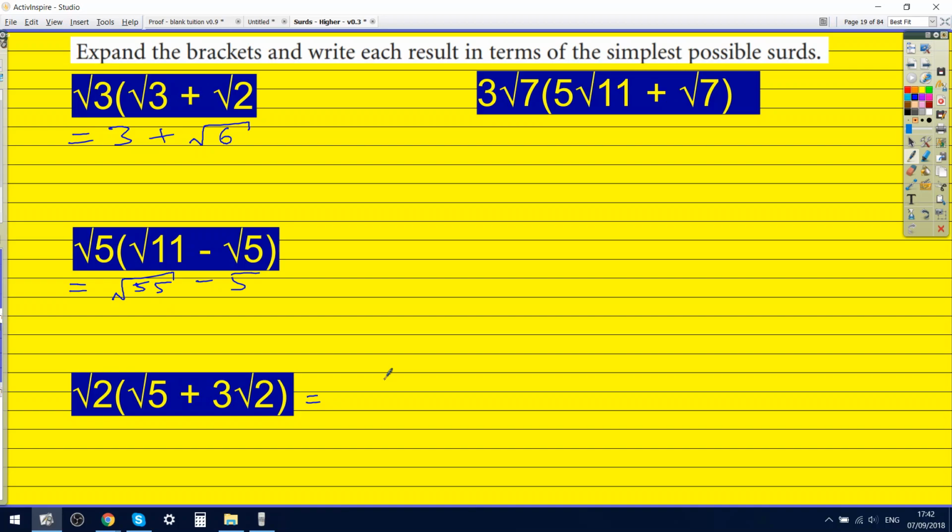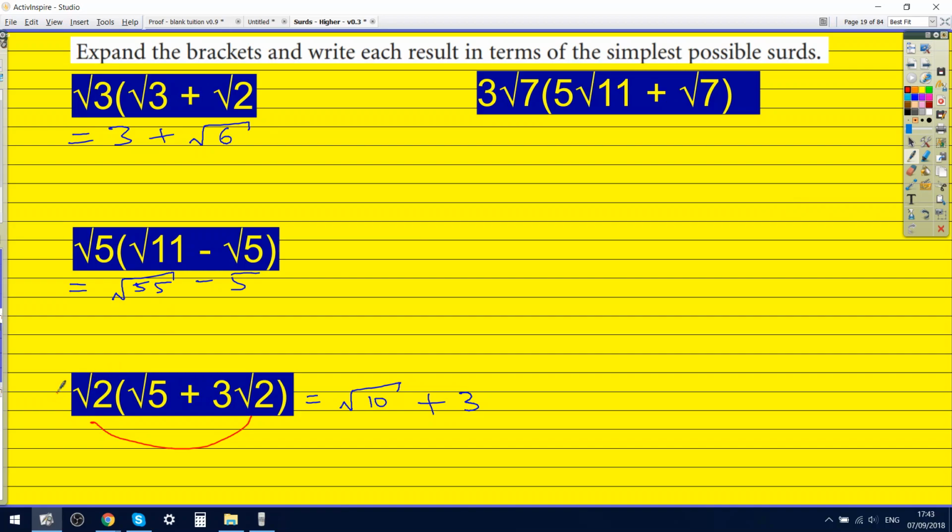Two. Well, no, it's root 10. And then add 3 root 2. 2 root. So you're doing that. I don't know what to do next.